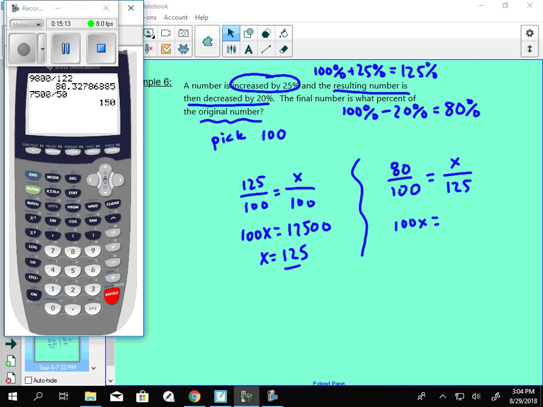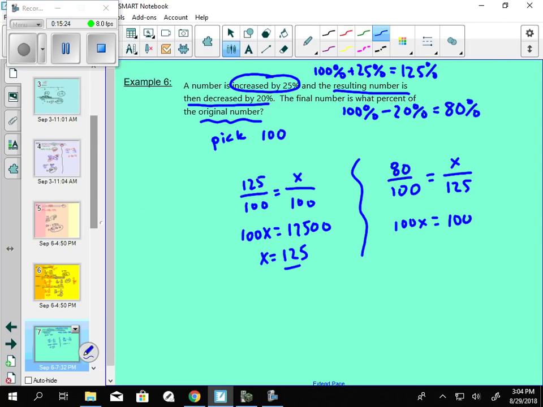Jumping on the calculator, let's figure that number out. We get 10,000, and then divide that by 100, which is pretty easy. Just knocking two of the zeros off, we end up with 100. So the final number, what percent is it of the original number?